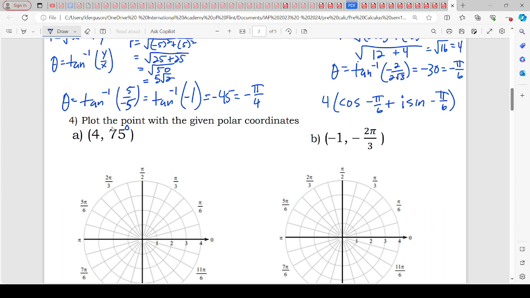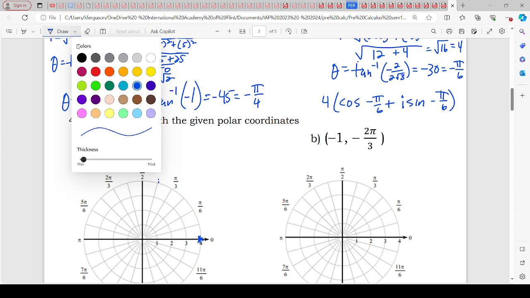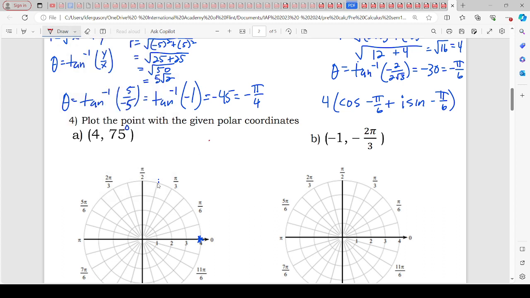So anyway, 4 tells me where I'm starting. Positive 4 tells me I start right here. That's my starting point. Then I need to go 75 degrees. Let's see, 15, 30, 45, 60, 75. That puts me right here. It's just going to be a dot right here. That's my answer.